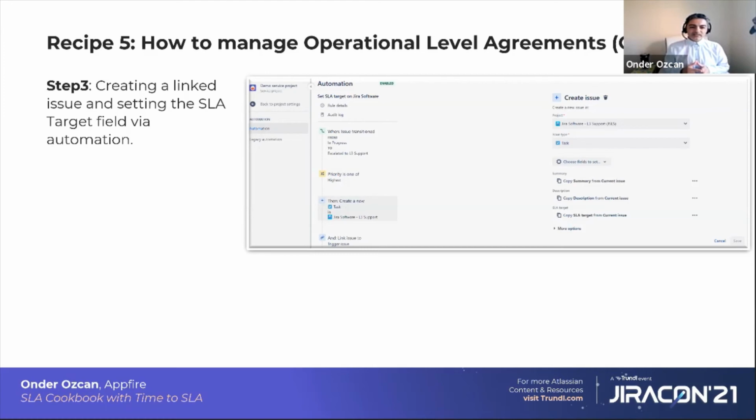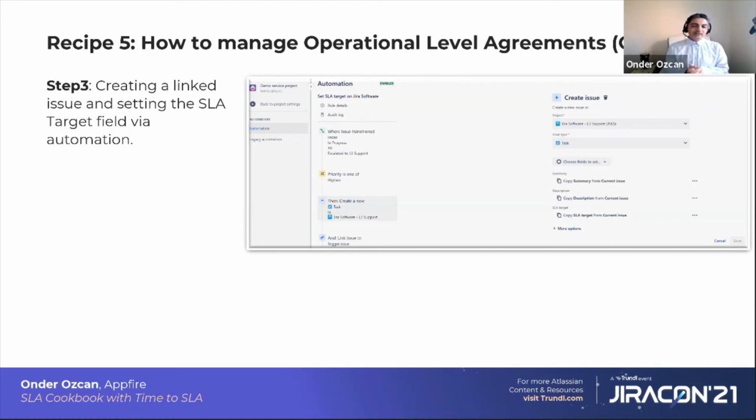What happens is, when those conditions are satisfied, this automation creates a new ticket, a new issue within the designated project, and creates a link, and links them together.